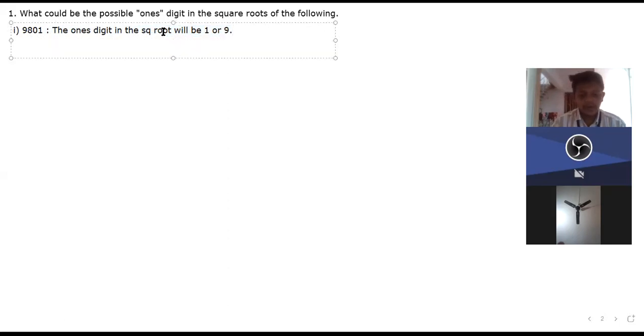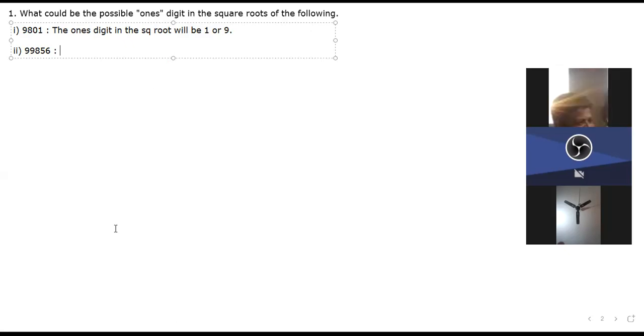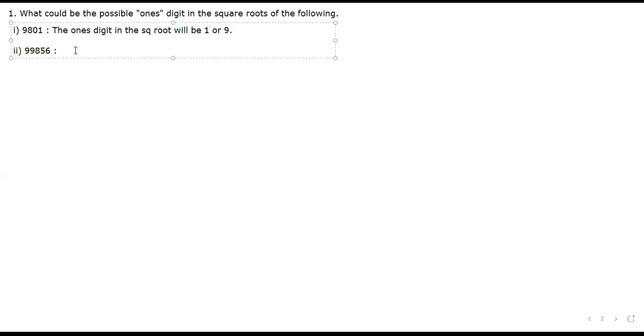Chalo, next number 99856. Now you tell me. 4 or 6. 4 ka square is ending with 6 and 6 ka square ends with 6. Yes or no? Yes, sir.